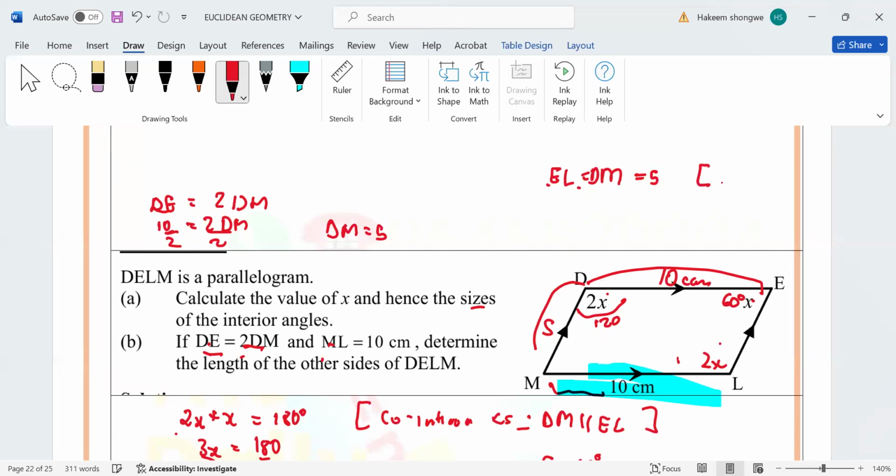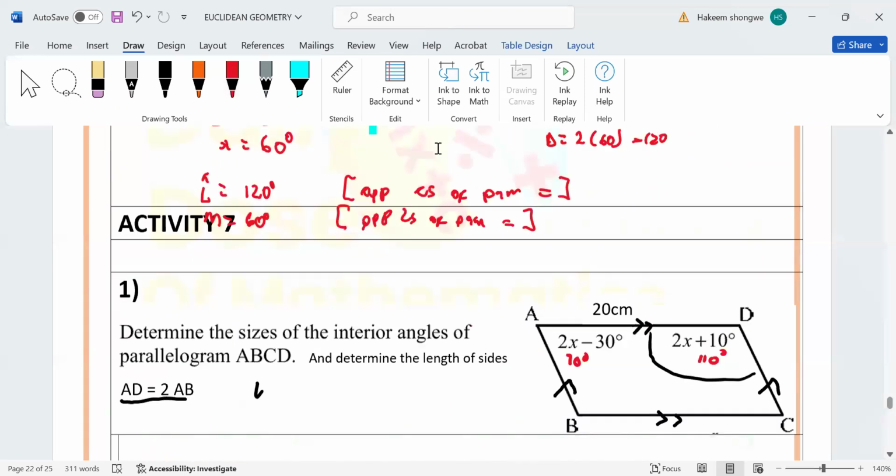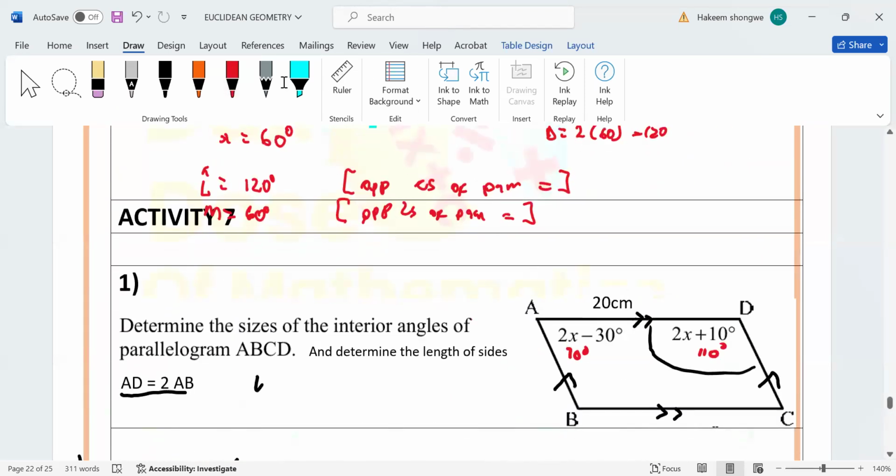And the reason why I'm saying this is because we have opposite sides of the parallelogram. Did you find it difficult? Assignment, number 1 now. Right, that's it.